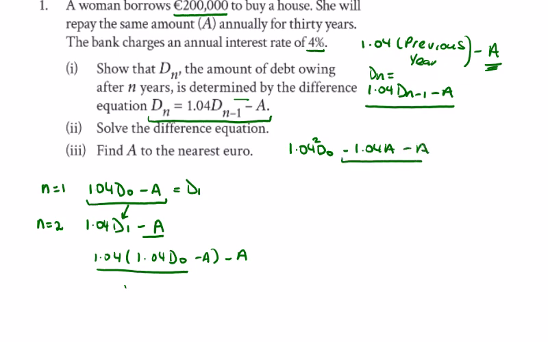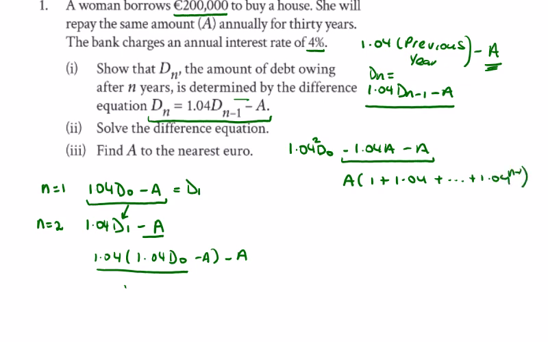So we have this in terms of d0, which we know, the initial borrowings, and we also have a geometric progression. We reverse it around here, take A out, and we'll have 1 plus 1.04 and so on. The last one will be 1.04 to the power of n minus 1.